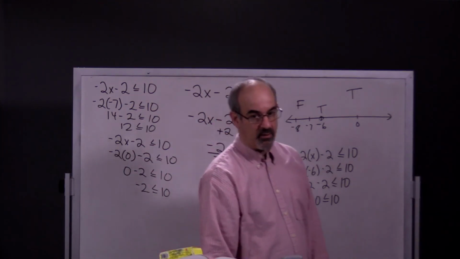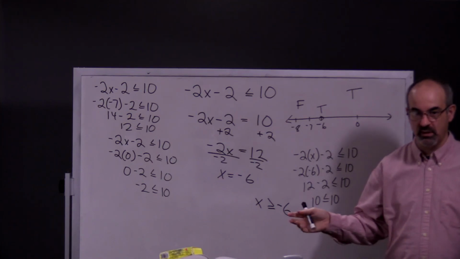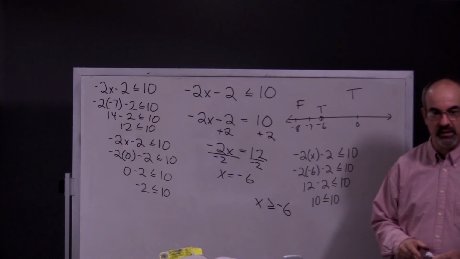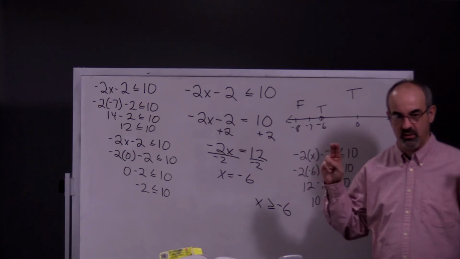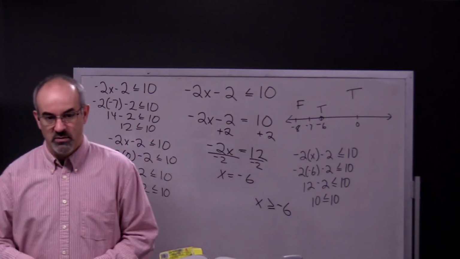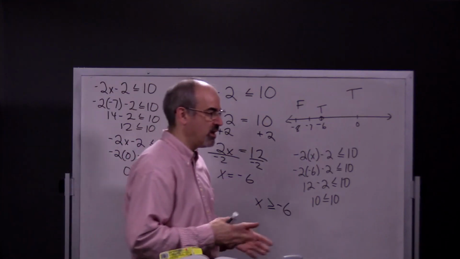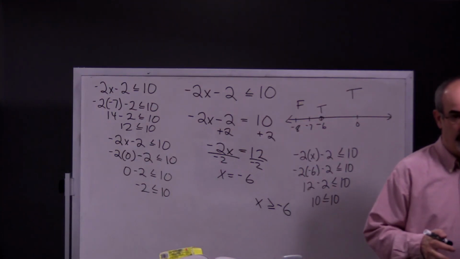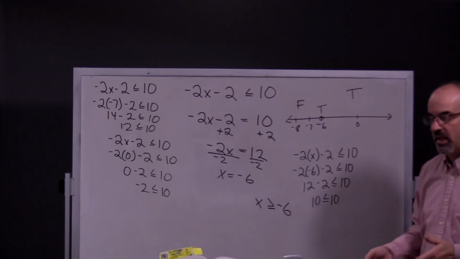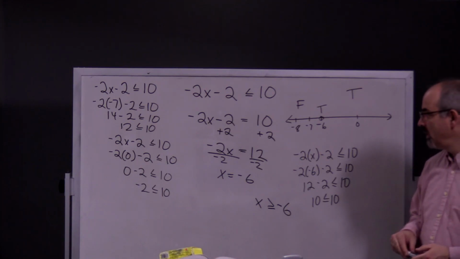Okay, so when you do it that way, you don't have to worry about flipping the direction of the inequality. So some people like the critical value method better than just doing it in a normal fashion where you can add or subtract numbers from both sides, multiply and divide by a number on both sides, just remembering that if you multiply or divide by a negative number, you have to change the direction of the inequality.